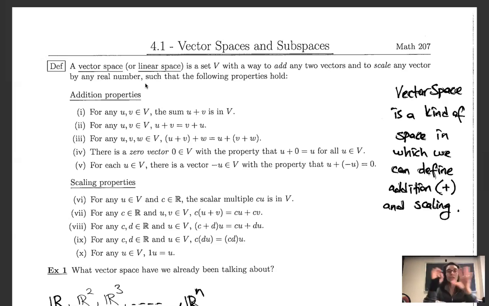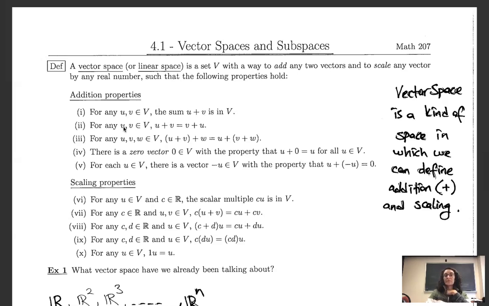And with respect to your space, these operations can change. For example, for the addition property, you have an addition operation in your hand defined in this set V. First of all, in order to say that a set is a vector space, if you take any two vectors in this set, their sum has to be there.